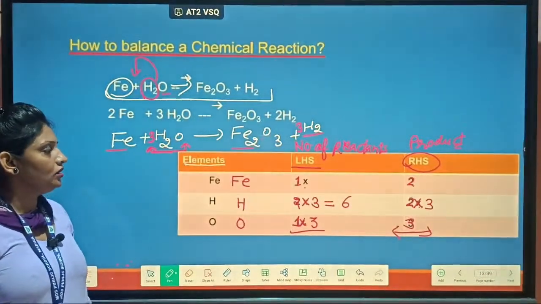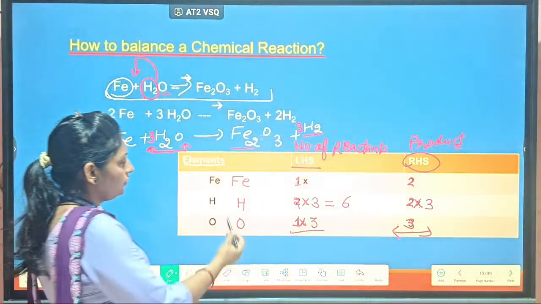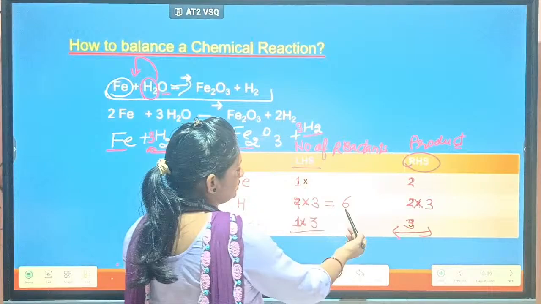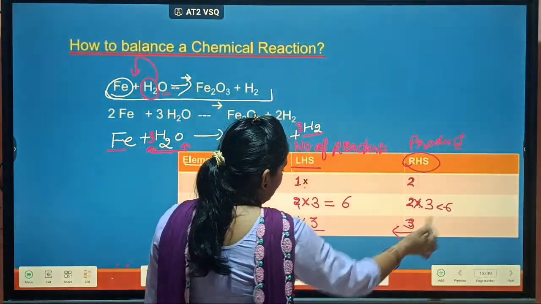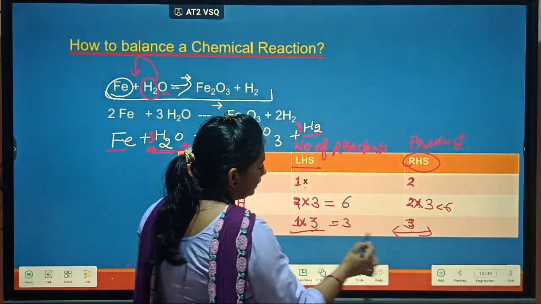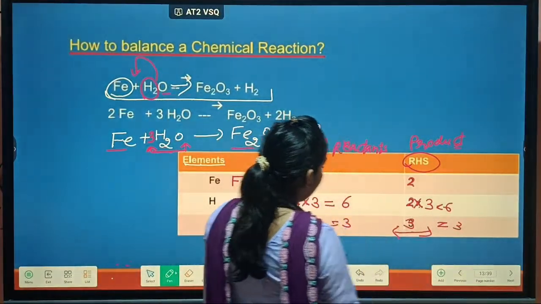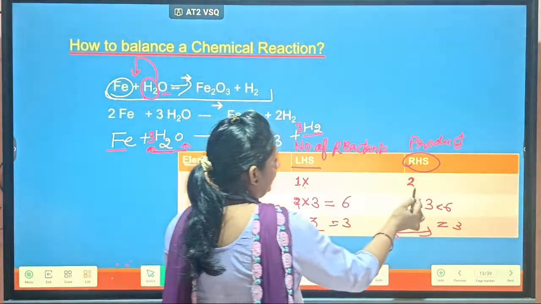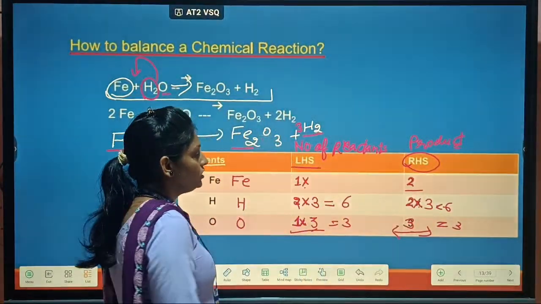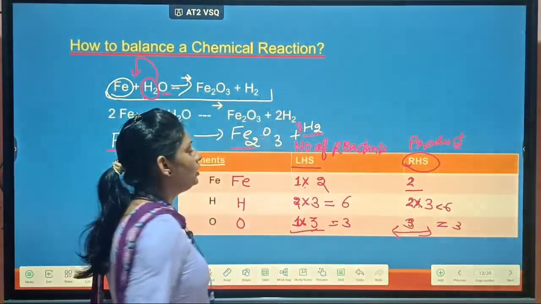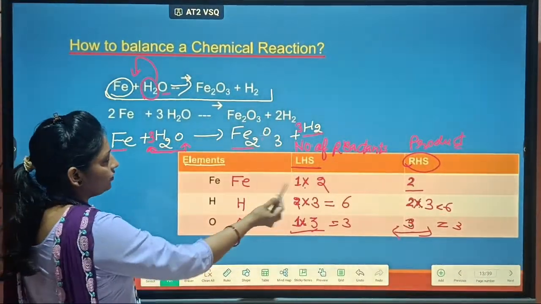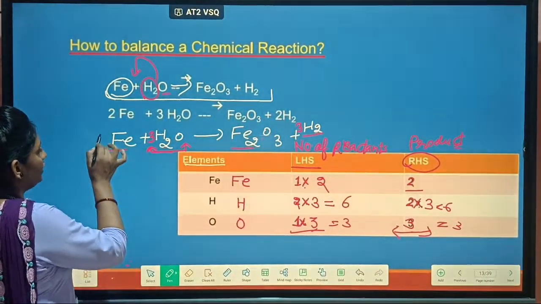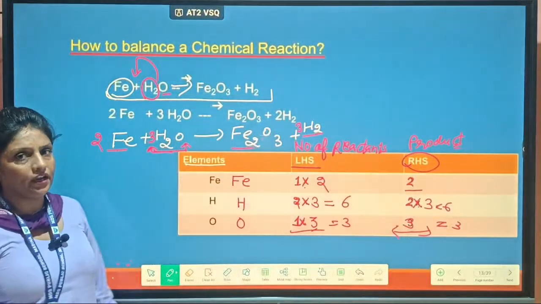Now you will see that on both sides hydrogen is 6 and 6, oxygen 3 and 3. But in the reactant side we have only one iron and in the product side 2. So we can multiply this by 2. In the reactant side the iron is here, so we will multiply this by 2.